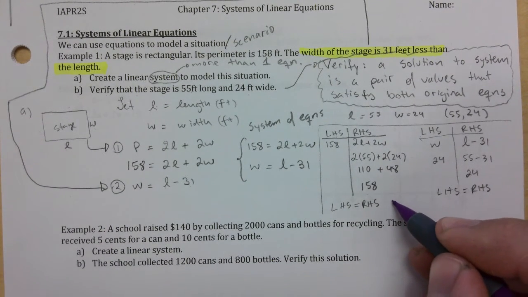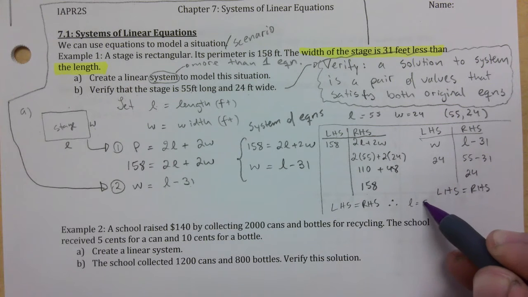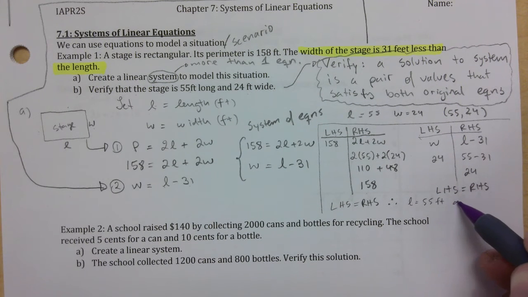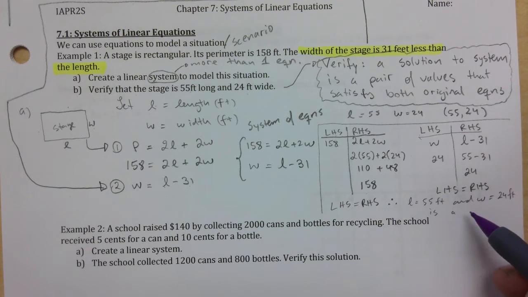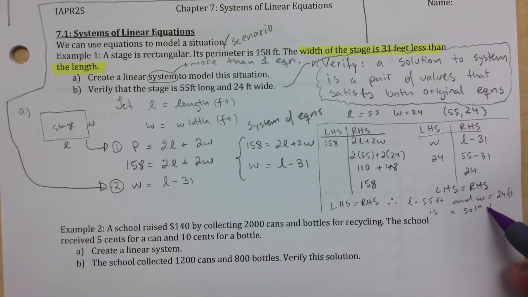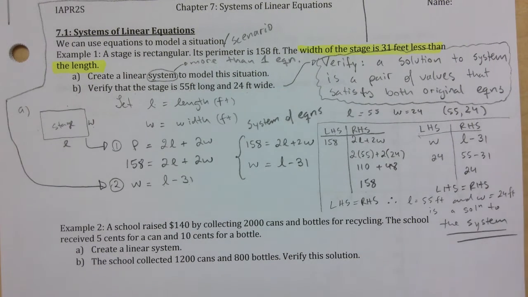Therefore, sorry, I'm going to run out of room here. Therefore, L is 55 feet and W is 24 feet is a solution to the system, because it satisfies both equations.